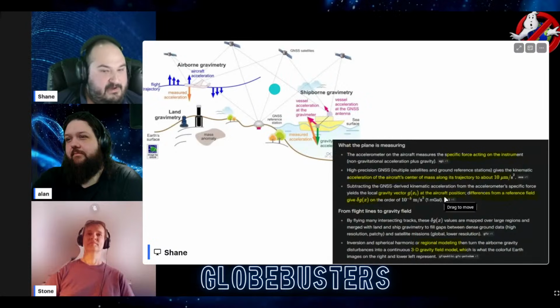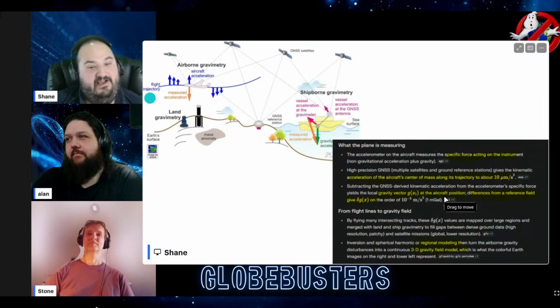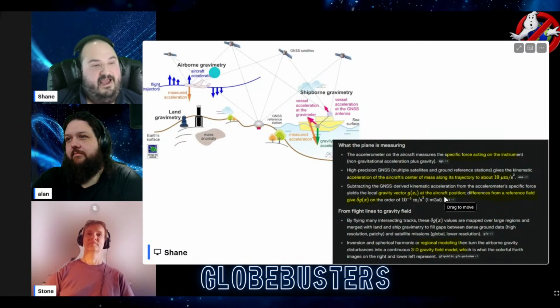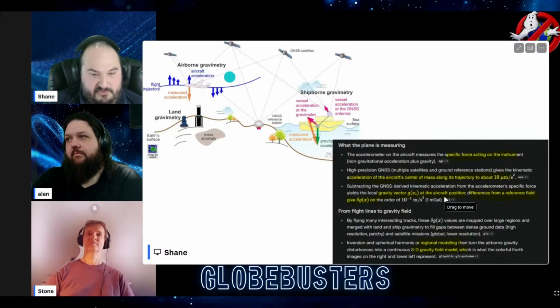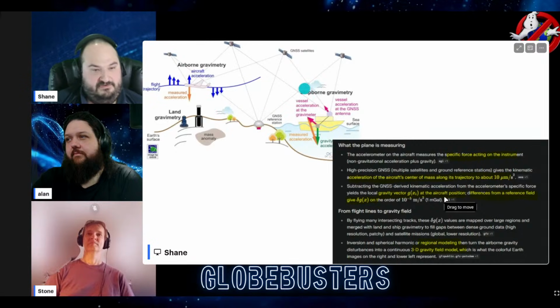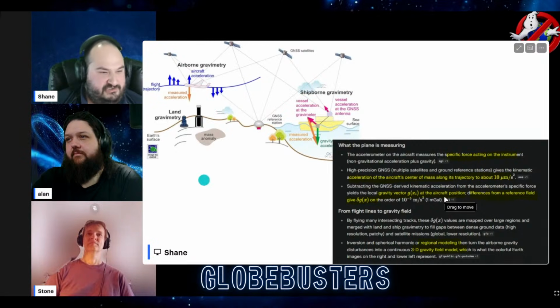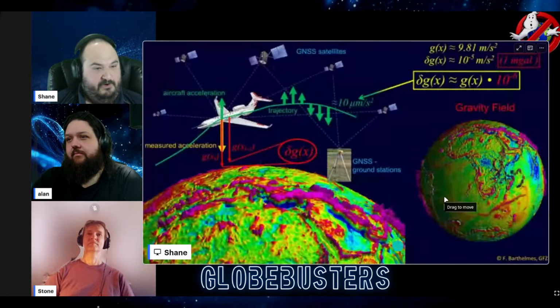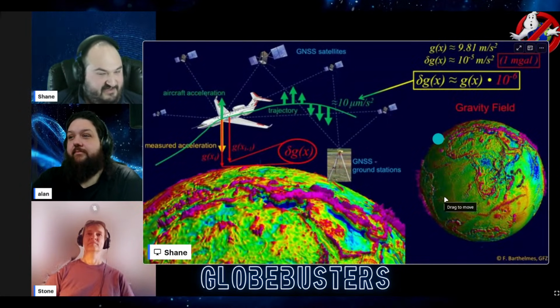And what they're claiming to measure here, of course, is the specific force acting on this plane as it goes this way, and they're kind of measuring out through vector addition what it would be as their local downward acceleration only. So they get these functions of forward acceleration, and they're simplifying to get the change in just local g. A little bit more complicated is this over here, and this is how they get you.